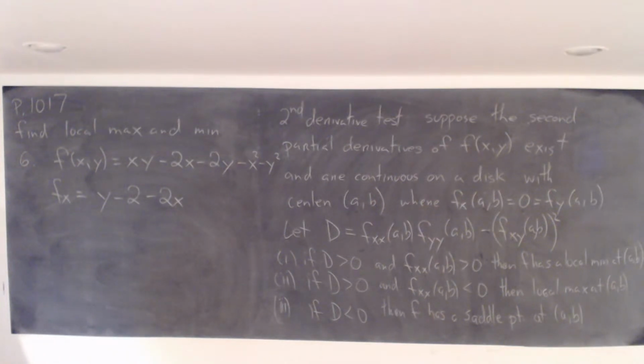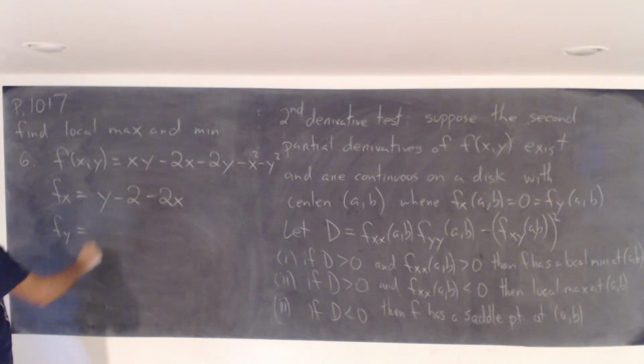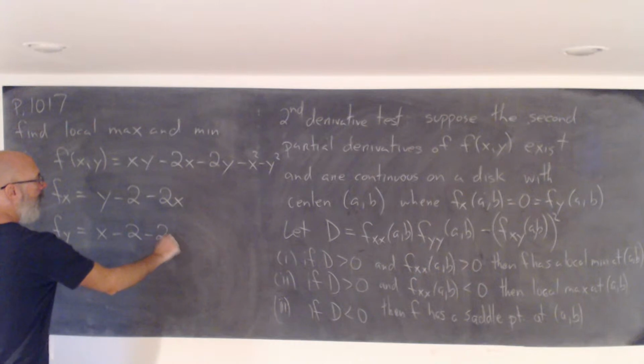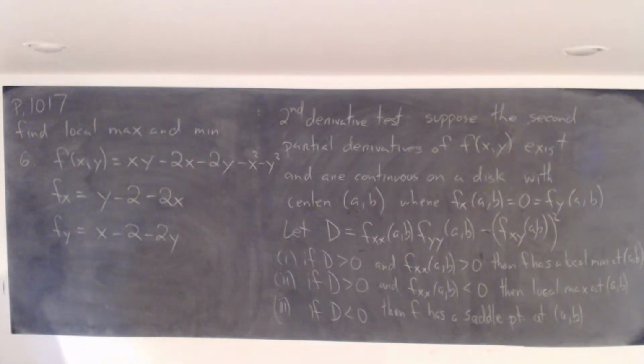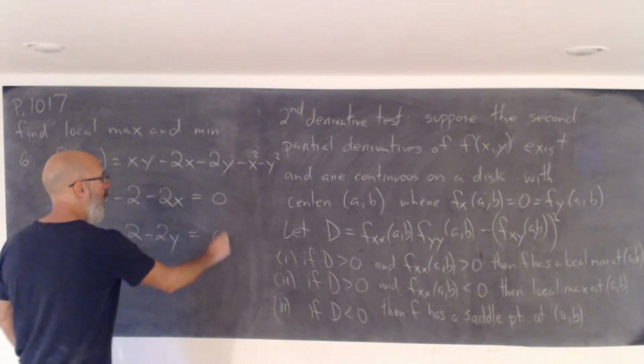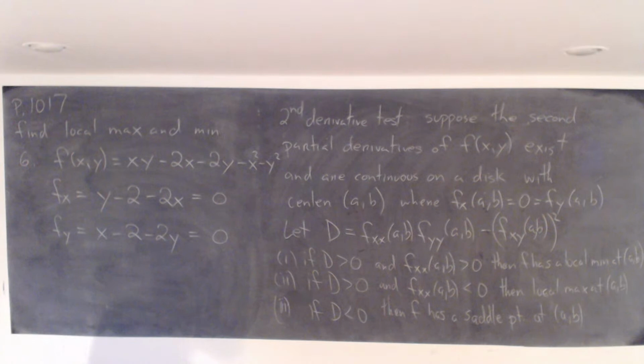Partial derivative with respect to x is this. Partial derivative with respect to y is this. They all exist. They exist at every point x, y. So critical points are where these are going to be equal to 0.